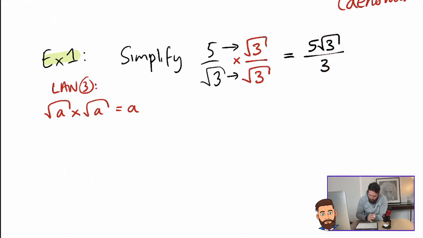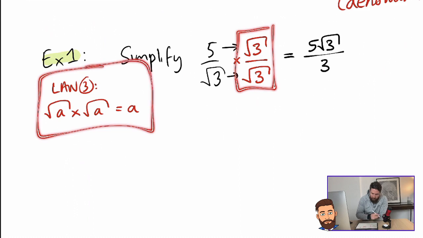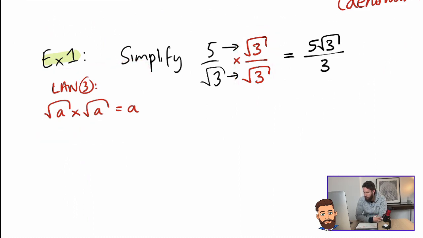The goal to this entire question was just to get rid of this root 3 that was on the denominator of the fraction. And you do that by manipulating and timesing by the same surd using law 3. So quite a lot to comprehend, but quite straightforward. And when we start to look at some examples now, you'll realise, oh yeah, that's quite simple.